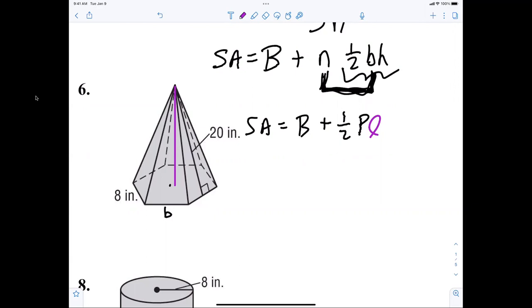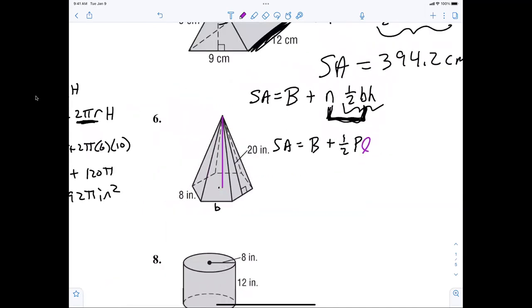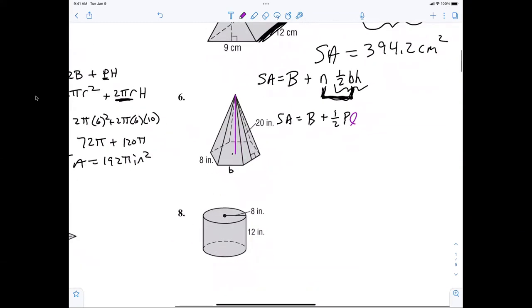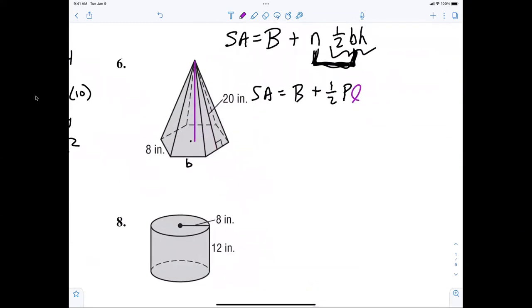P just simply stands for the perimeter. Now, again, the reason why I'm showing you this is because this is going to go away. And then all of a sudden you're going to see it on the SATs or some standardized test, and you're going to have to calculate the surface area. And if you just memorize formulas, you won't have any idea how to do it because there's so many different possible pyramids, correct? So here I'm trying to show you that please do not be confused.